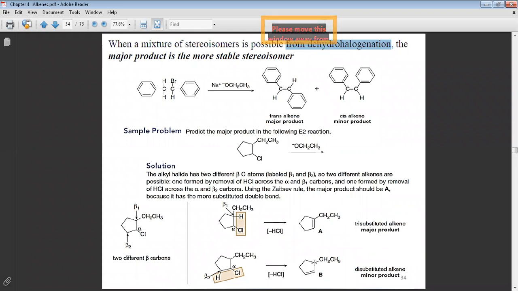We have just carbon, this and this carbon. That means two alkyl groups, two R groups, di-substituted. Which one is more stable? We say the tri-substituted double bond will be more stable than the di-substituted alkene. Okay. We take this.